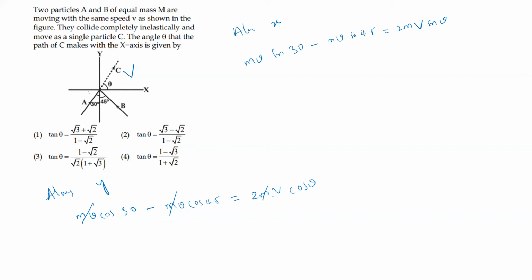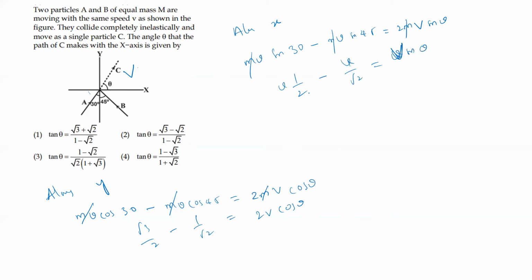Cancel, right? Cancel. Now cos 30, that is root 3 by 2, minus cos 45, that is 1 by root 2, is equal to 2v cos theta. Now here also this mu cancels: 1 by 2 minus 1 by root 2, v, also there is v sine capital V, this is capital V sine theta.